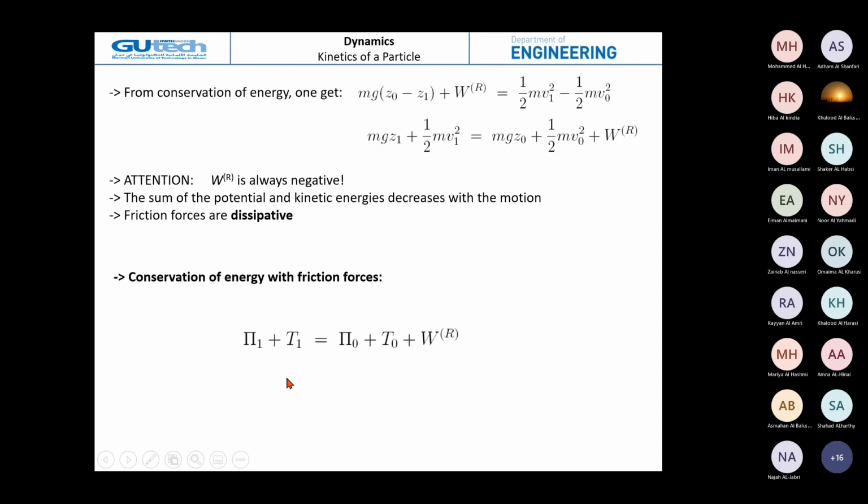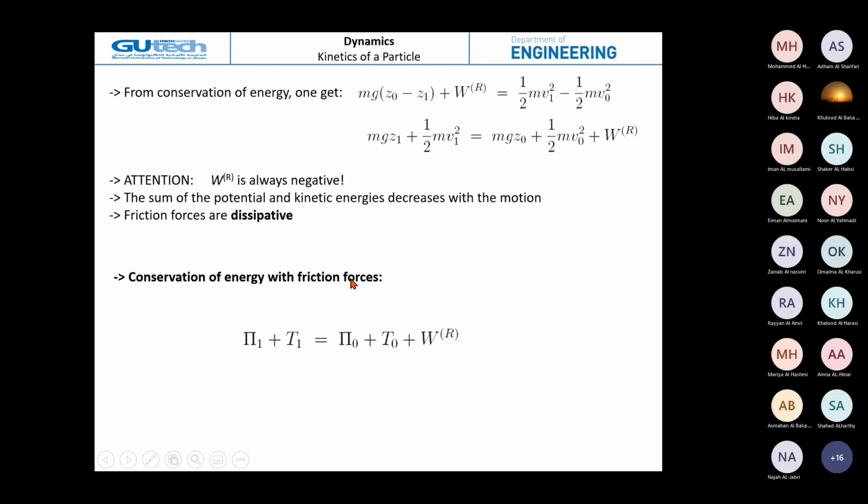Now, in general, we have this case of conservation of energy with friction forces, different from what we have seen previously. In the previous case, this term doesn't exist or vanishes.